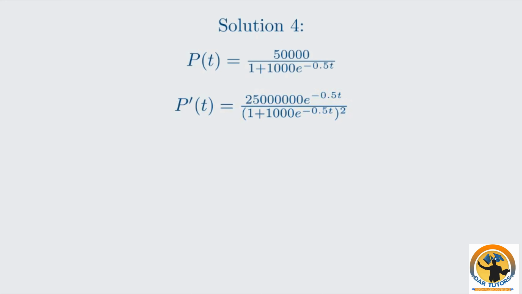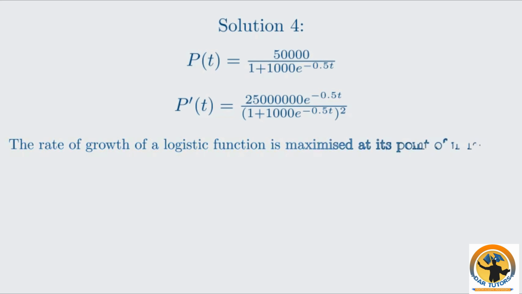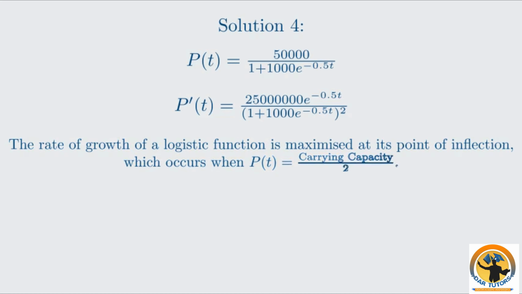To maximize P prime of t, we need to find its derivative, P double prime of t, and set it to 0. This is a complex calculation, but it's a standard result for logistic functions. The rate of growth of a logistic function is maximized at its point of inflection, which occurs when the population is exactly half of the carrying capacity. The carrying capacity is 5,000, so we set P of t equal to 2,500.